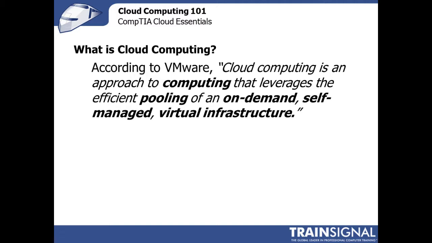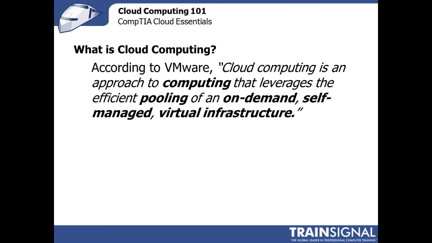So that person or that business can create their own virtual data centers and virtual machines and applications and scale it out to as many end users as they want whenever they need to, and they're only going to pay for whatever they use. So this is commonly infrastructure as a service cloud computing, but many of the words here that we're using to define it are the same no matter what type of cloud computing you're talking about.